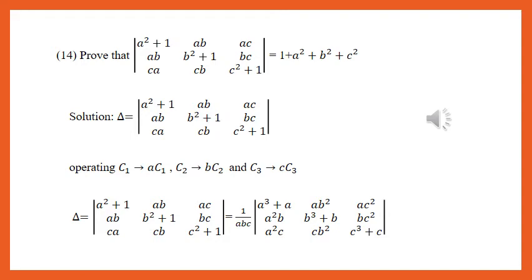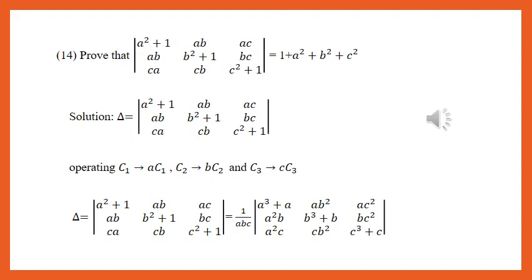Question number 14. Prove that the determinant with first row a square plus 1, ab, ac, second row ab, b square plus 1, bc, third row ca, cb, c square plus 1 is equal to 1 plus a square plus b square plus c square.